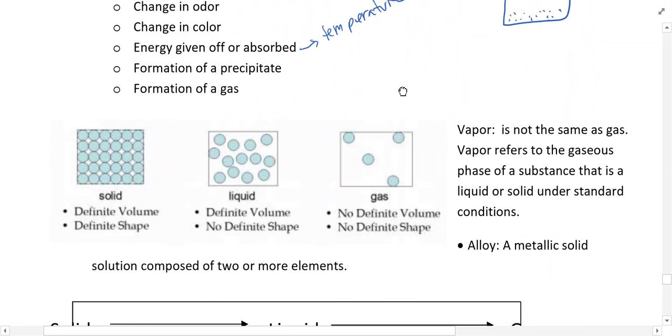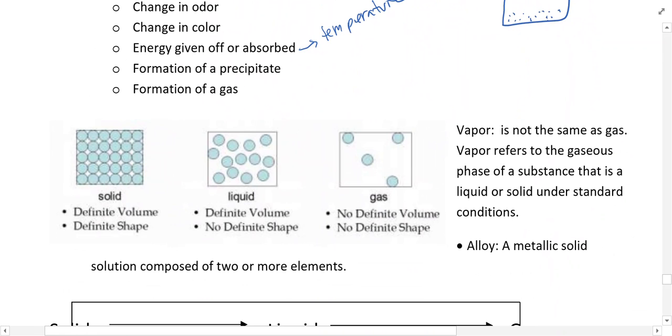So taking a look, just to help identify solids, liquids, and gases, we gave you little particulate diagrams here to help define them. Gas particles, as you can see, there's a lot of space in between, while solids are very organized and very close together. So vapor is different than a gas. Vapors are the gaseous phase of a substance that is normally liquid or solid under standard conditions.